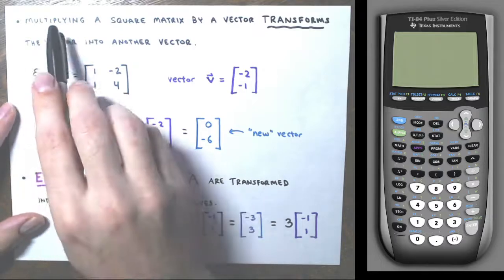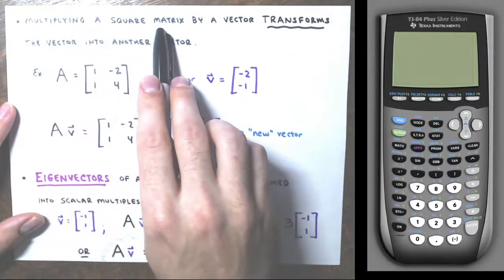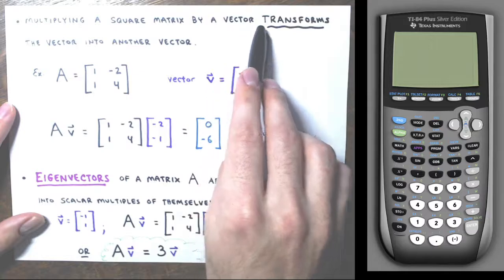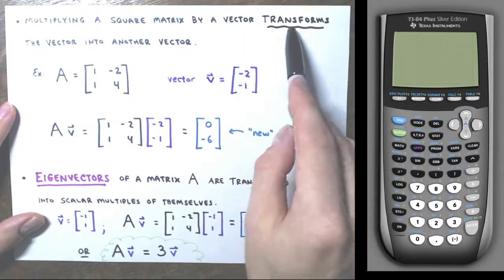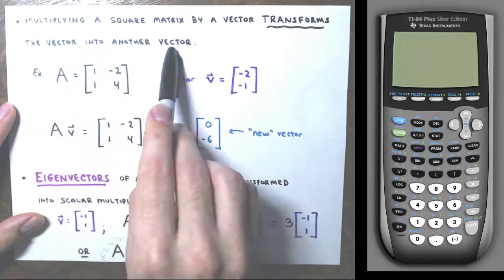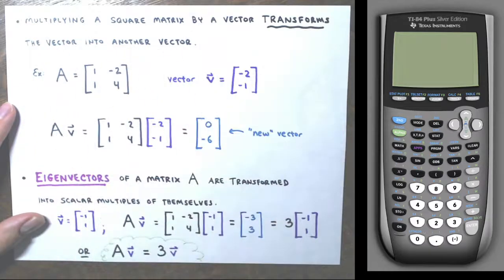Multiplying a square matrix by a vector transforms the vector into another vector, into its image under that transformation.